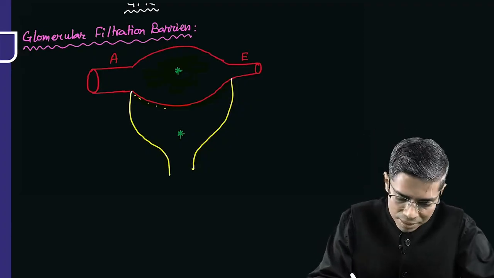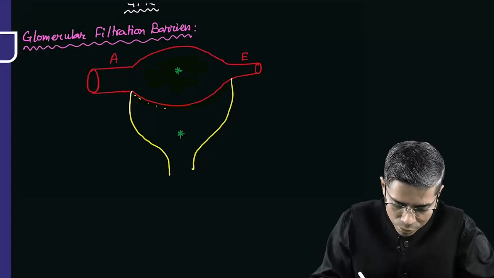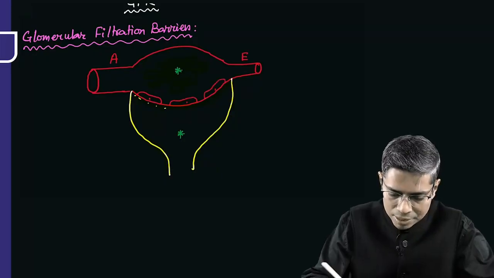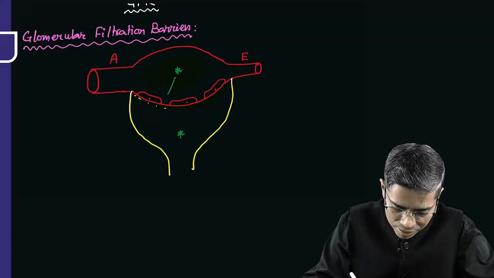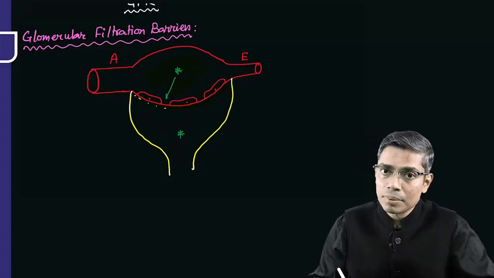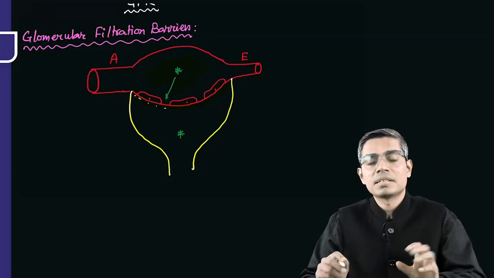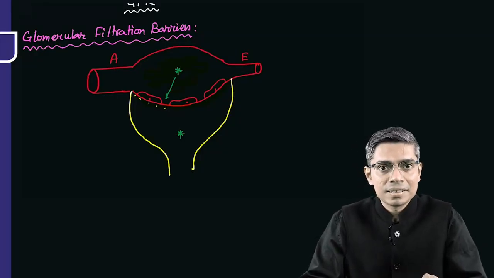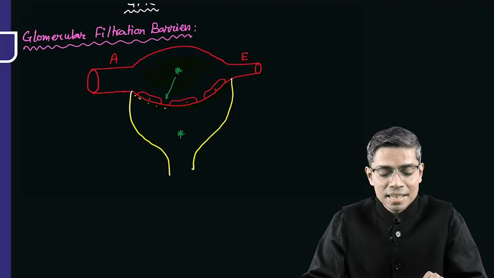So first of all, these substances have to pass in between the endothelium cells of the capillary. So I am drawing the endothelium cell of this glomerular capillary. So the substances first have to pass in between two endothelium cells. So what kind of endothelium cells are present at the level of glomerular capillary? They are fenestrated in nature.